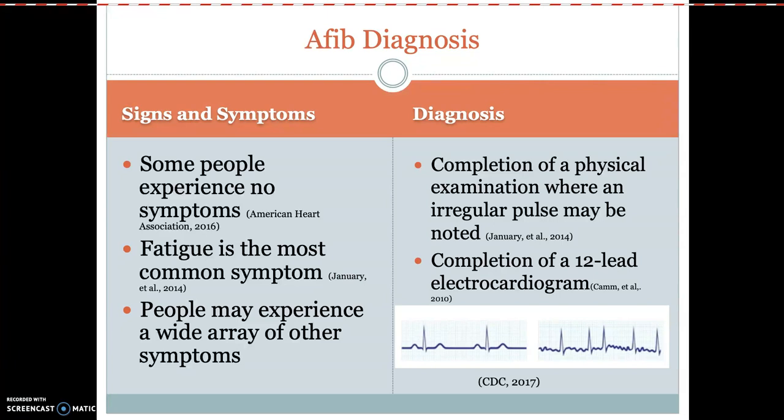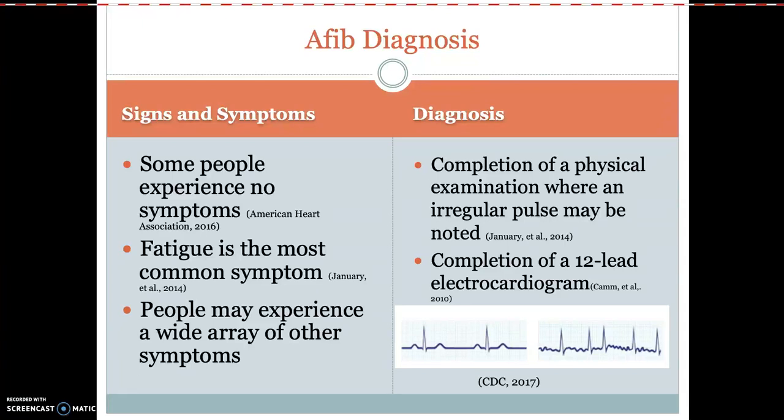In order to diagnose AFib, a physical exam must be completed, as well as an examination of the patient history, family history, and any symptoms the patient may be experiencing. During the physical examination, an irregular pulse may be noted, and it may even be visible in the movements of the jugular vein.